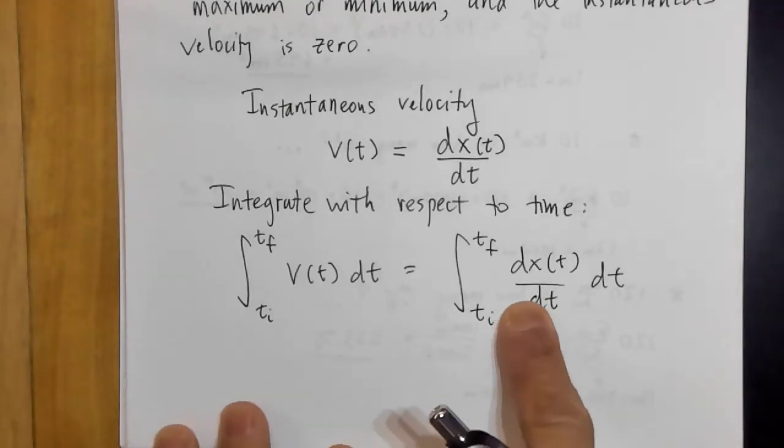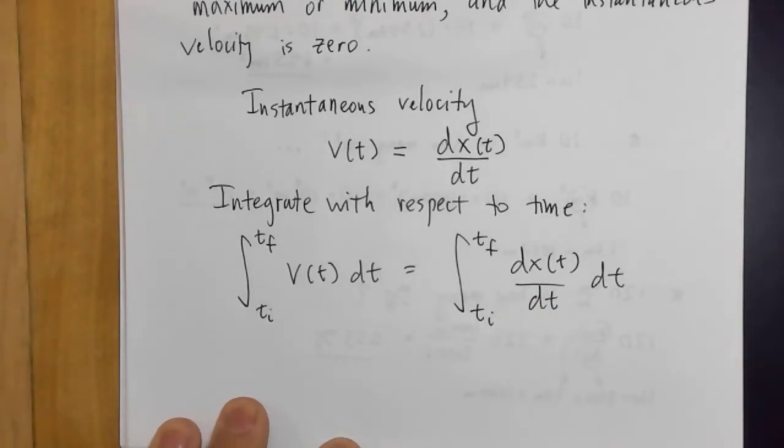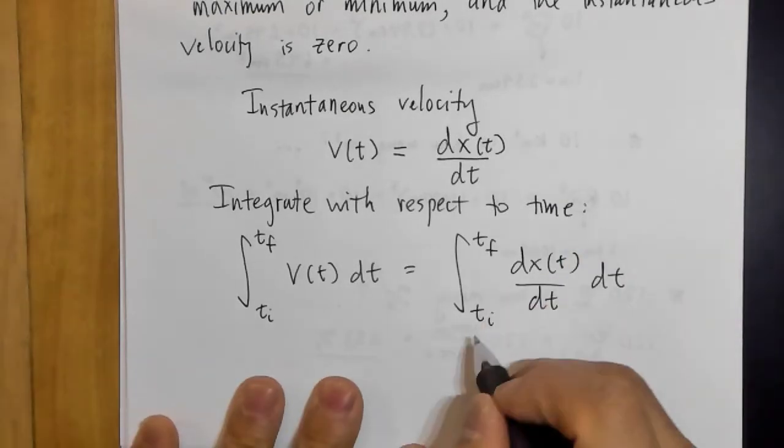You ask, what function, when I take the derivative of it, gives me the thing in the integrand? The function x gives the derivative, the way I've written it. So this is what's called the fundamental theorem of calculus. Remember hearing that in your calculus class, this really obnoxious, pretentious thing? That's what this is.